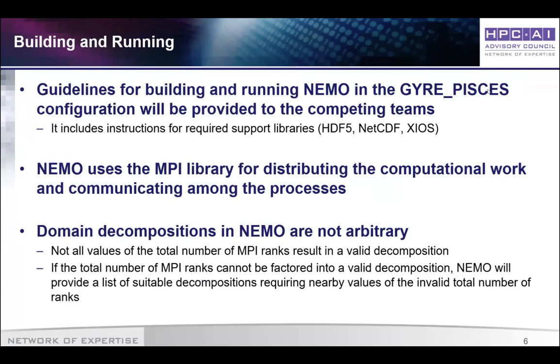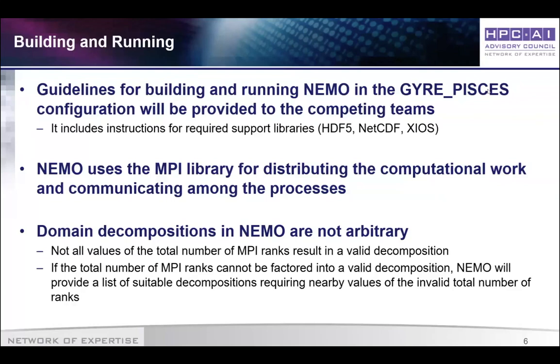For example, in one of the tests that we ran, we tried to use 60 nodes of a system having 40 cores per node, making 640 processes total. And NEMO in this configuration didn't like that.